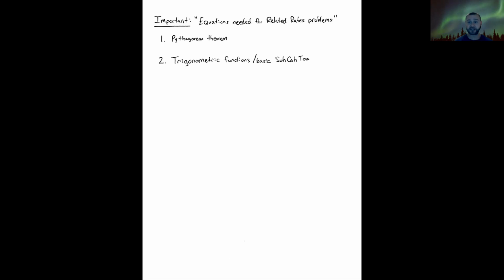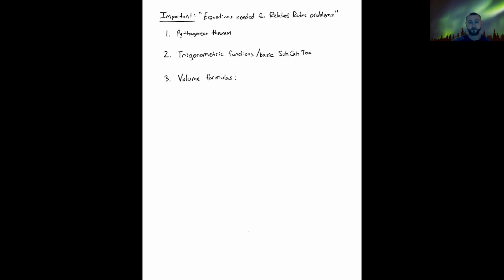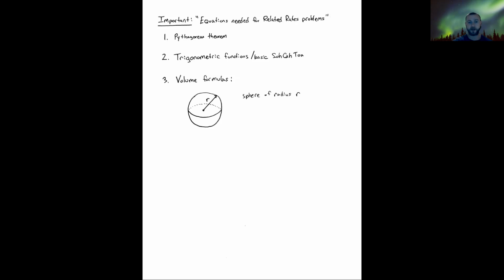All right, a second set of equations or formulas to keep in mind are some basic trigonometric functions along with basic SOHCAHTOA. And then a final set of related rates problems deal with volumes of different figures changing in time. And there's pretty much two examples that occur a lot.